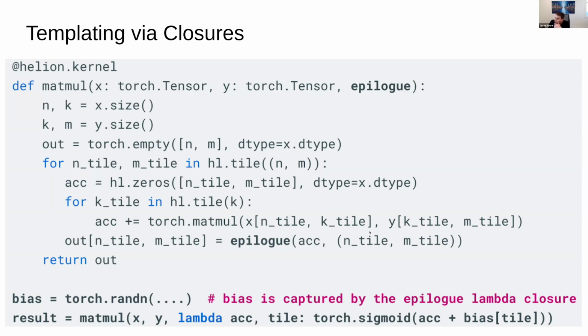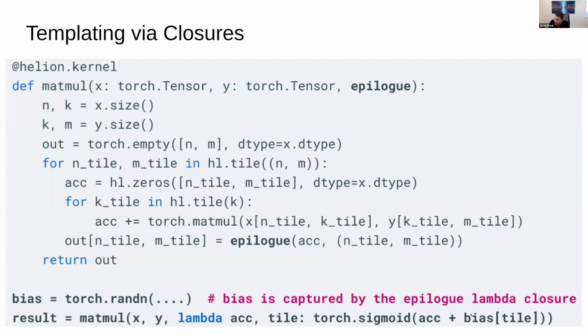You can do the same thing in Triton, but the big difference in Helion is that we support capturing variables inside of closures. So here in this example, I have this bias tensor, which is allocated in global scope. And when I pass in a function, like a lambda function, that lambda function can use the bias. And that bias is going to get implicitly lifted into an argument to the kernel.